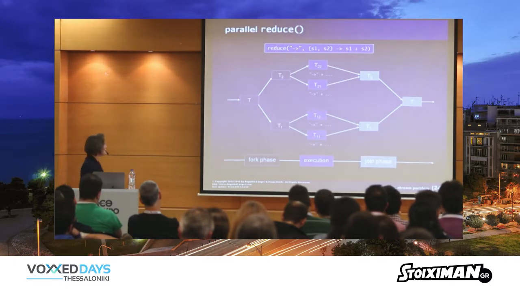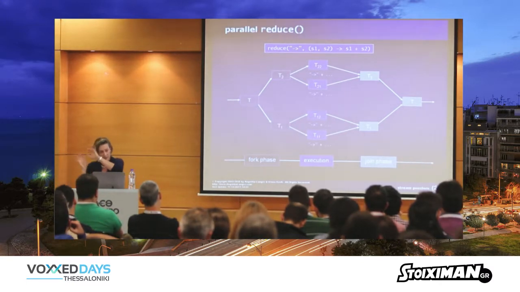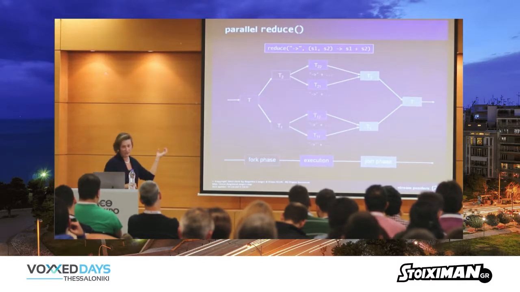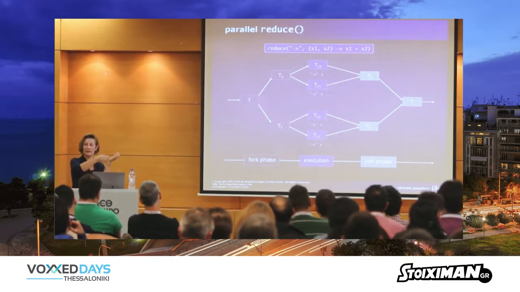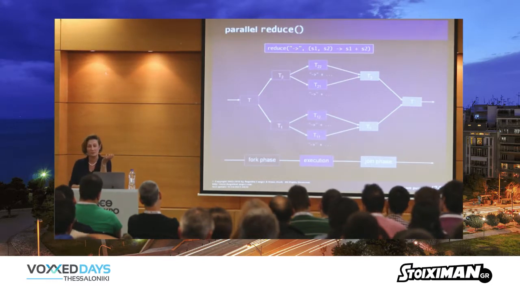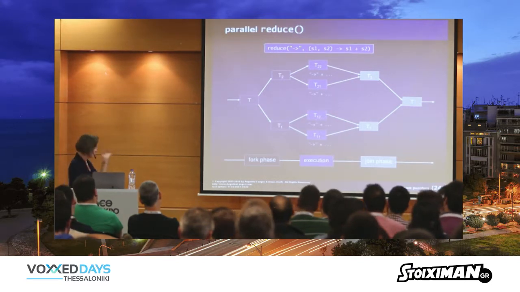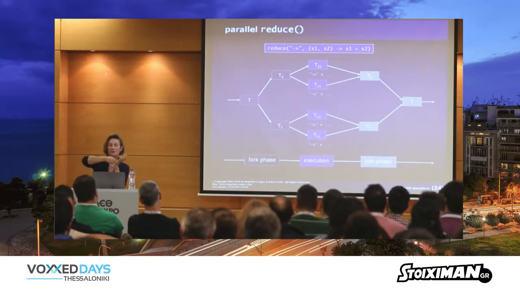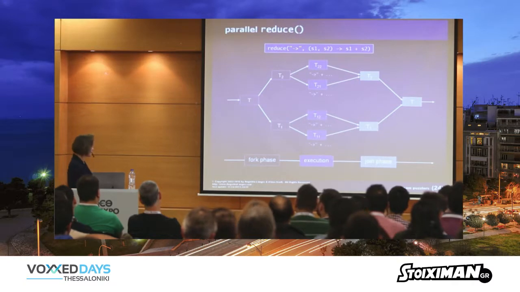Each of the worker threads running in parallel takes the initial value, my prefix value, and then concatenates all the strings from its segment. So each of them takes the same initial value, my arrow symbol, and then they attach the characters that belong to the segment that the respective thread is responsible for.